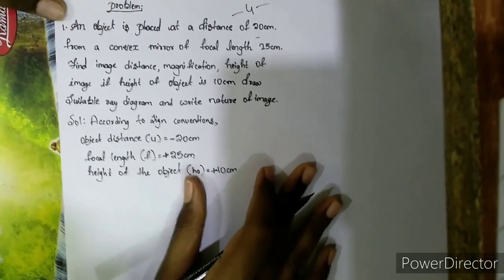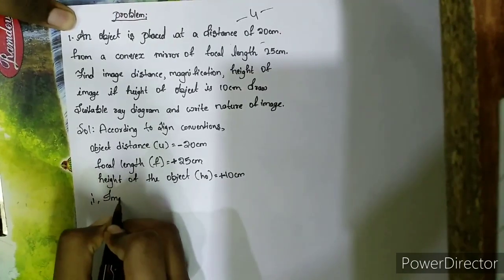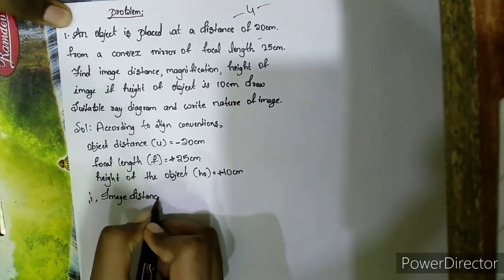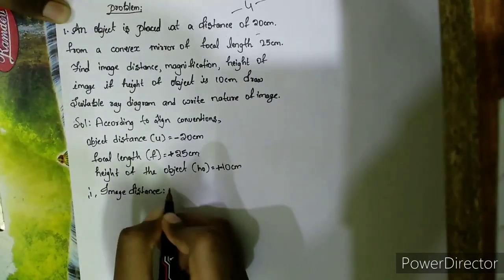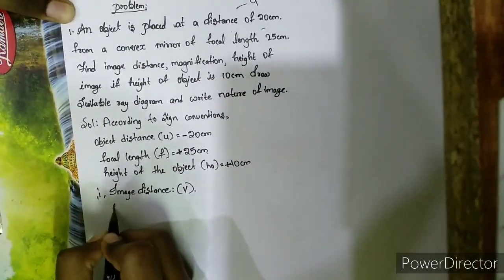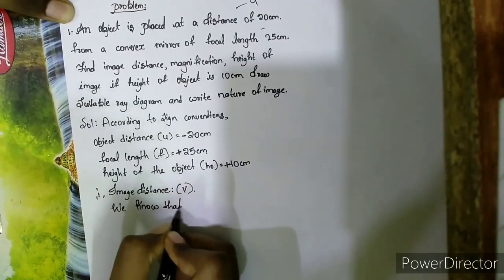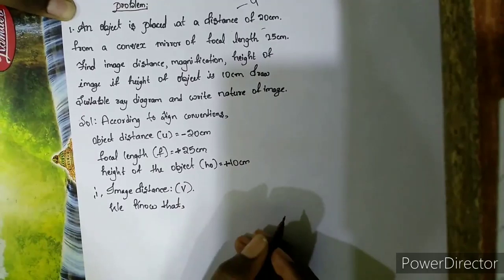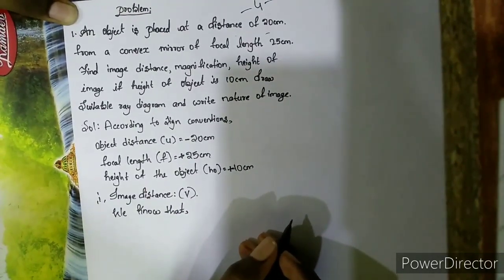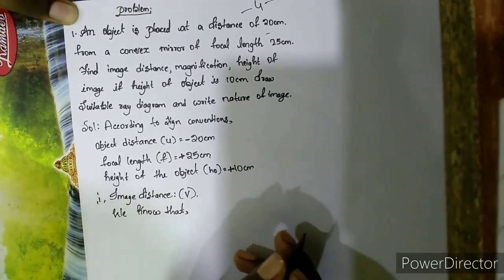Now first we have to find image distance. Image distance is nothing but V. Now we know that in my previous video I had explained the derivation of the mirror formula.